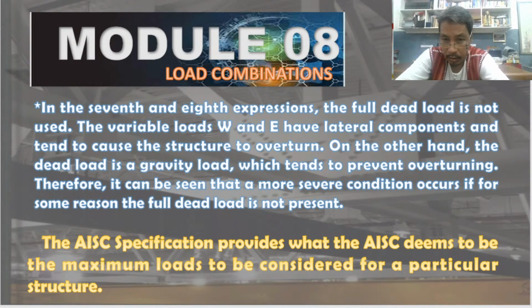The same is true with a building. If the building overturns, it sort of rolls, so there are parts which would experience compression and parts which would experience tension. In general, the AISC specification provides what the AISC deems to be the maximum loads to be considered for a particular structure. This I already explained.